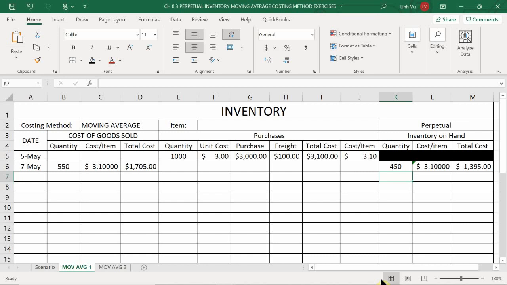So if I just move my average along through the inventory on hand, it makes it that much easier to be consistent and be able to locate the answer a lot more quickly. So in this case, I now have 450 units at $1,395.